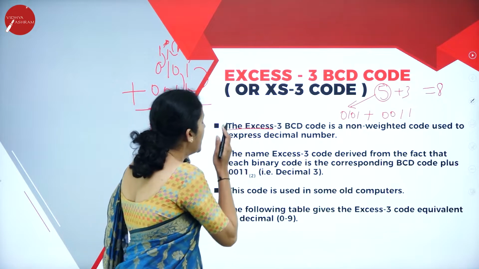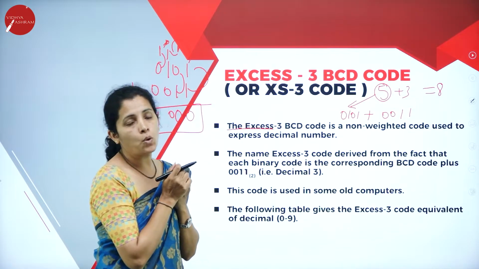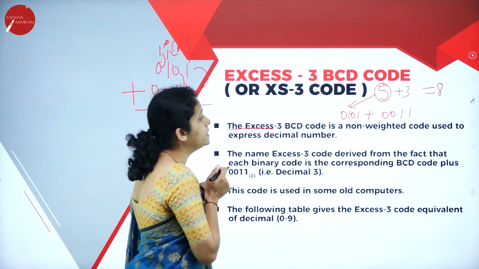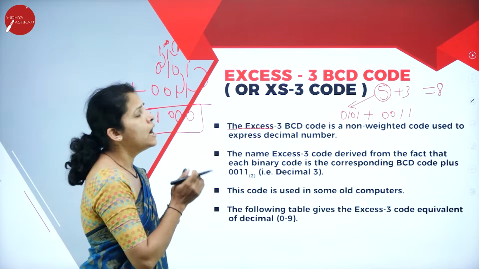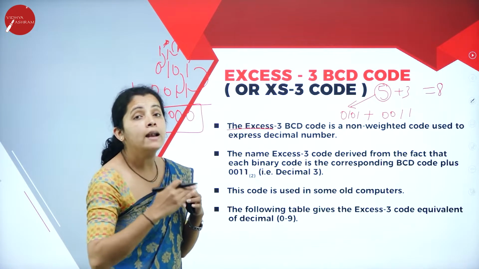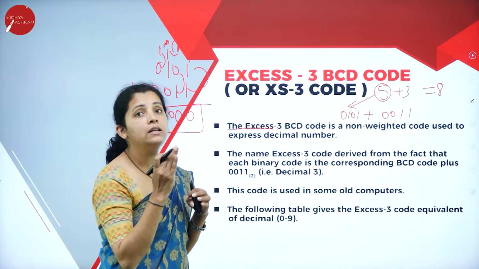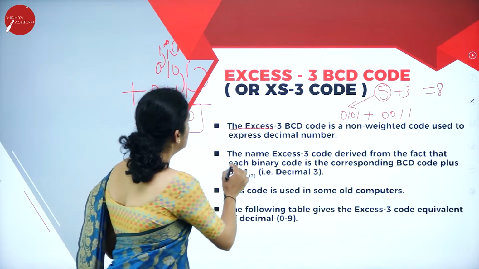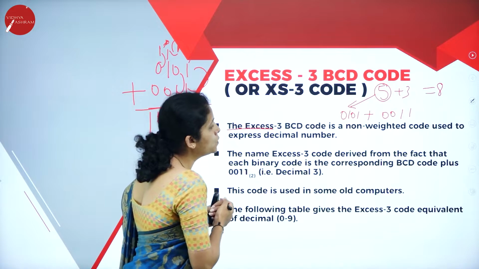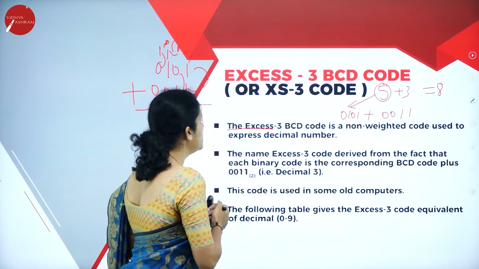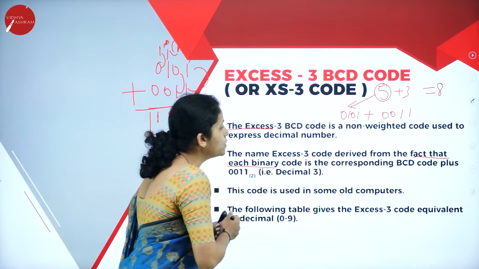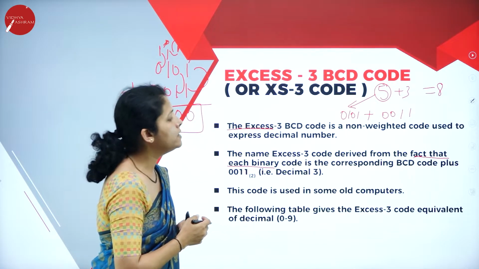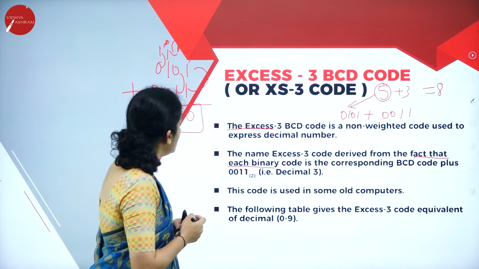So the Xs3 BCD codes are represented in the form of non-weighted codes. That means I'm just going to add 3 to the given decimal number. The name Xs3 code is derived from the fact that each binary code is the corresponding BCD code plus 3.